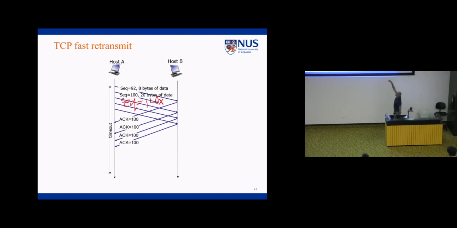And for each one of these, if you look at the receiver, what is happening? First I got one packet with 8 bytes, so I said, give me 100. Then the actual packet with 100 never made it. But a packet with 120 made it. When the packet with 120 made it, at the receiver, this is an out of order packet, right?